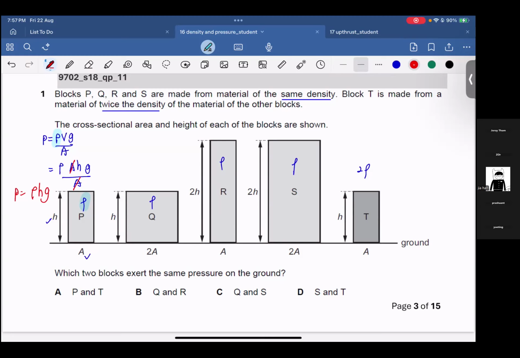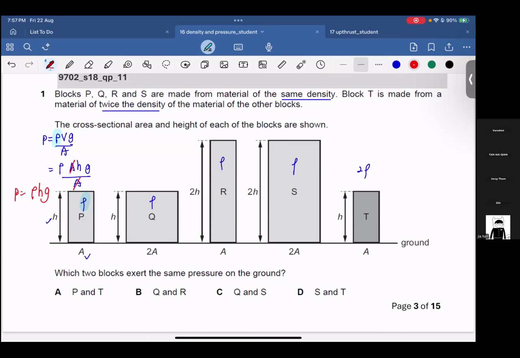Prasan, how about you? Do substitution the same way, then compare which ones have the same pressure, A, B, C, D. Yes, correct.